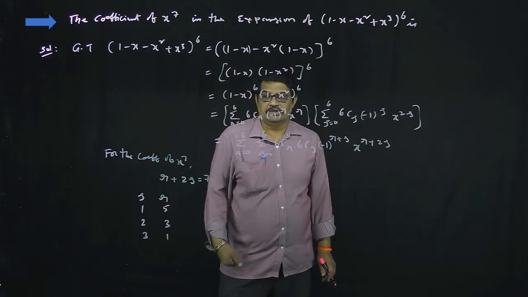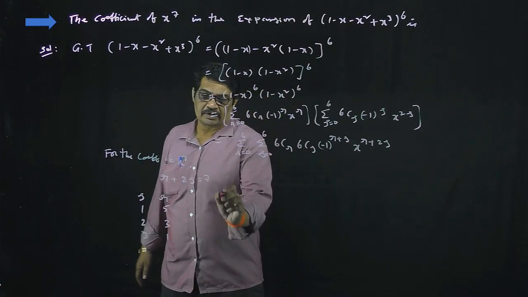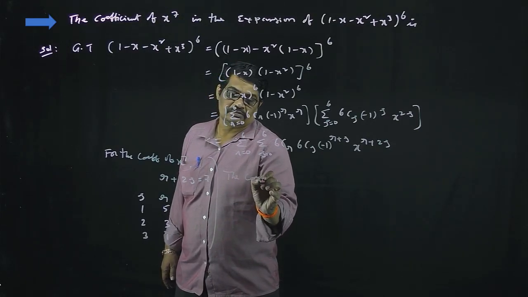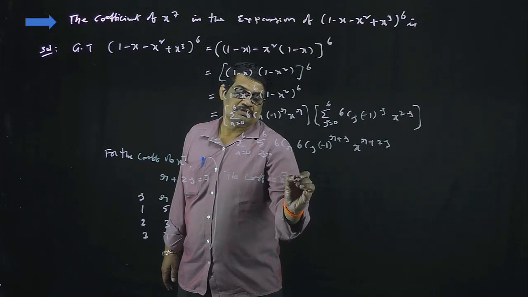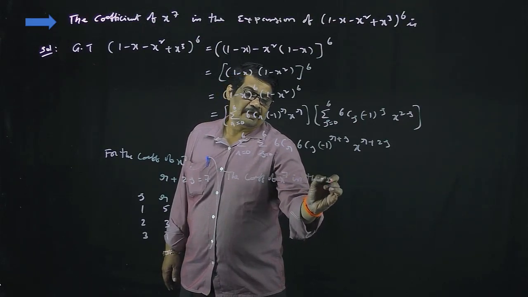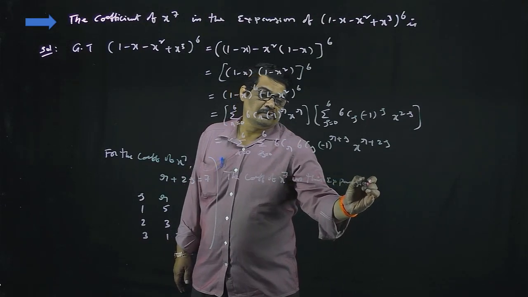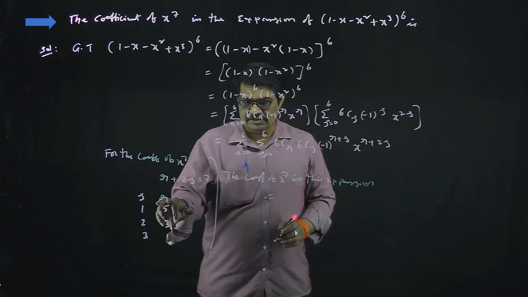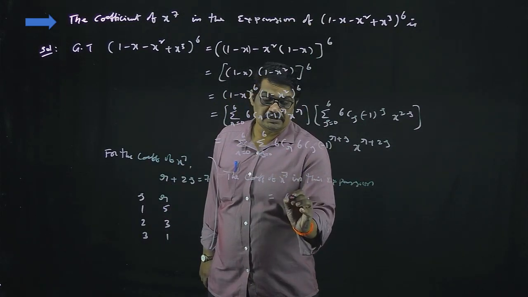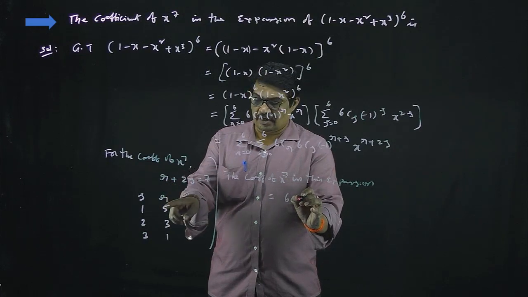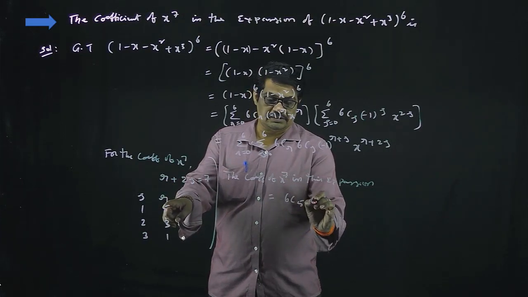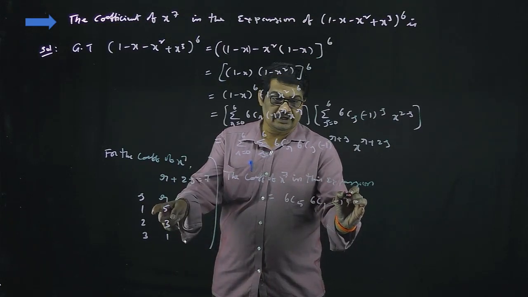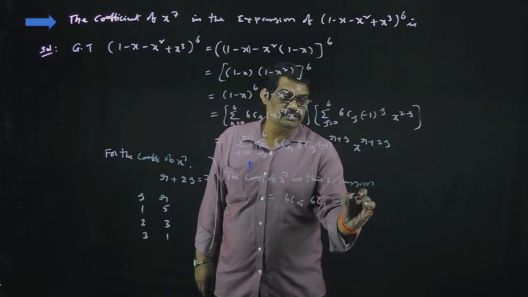Now we are writing the coefficient of x to the power of 7 in this expansion. We take r = 5 and s = 1: 6C5 and 6C1, (-1) power 5 plus 1.